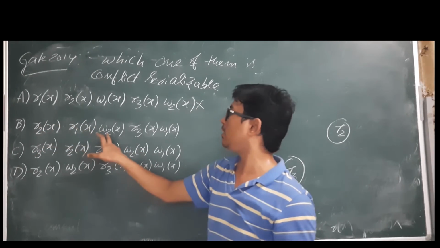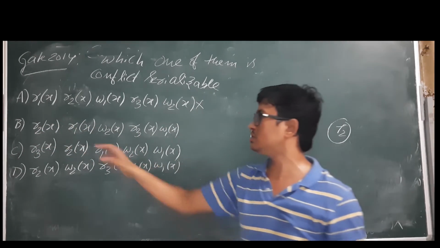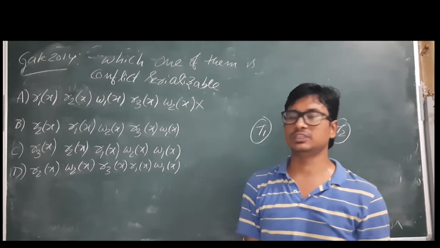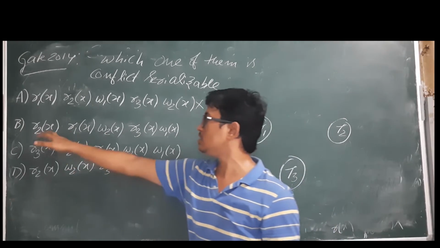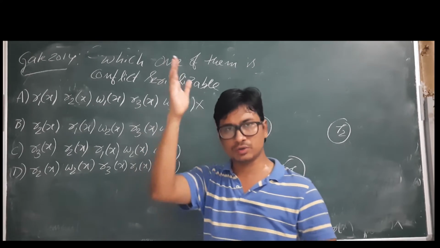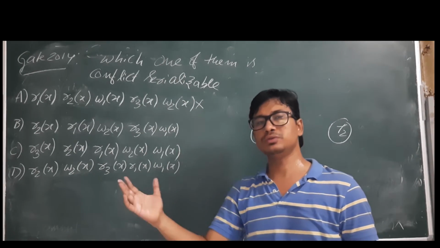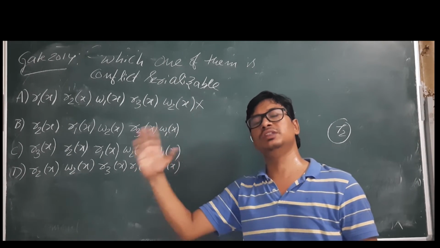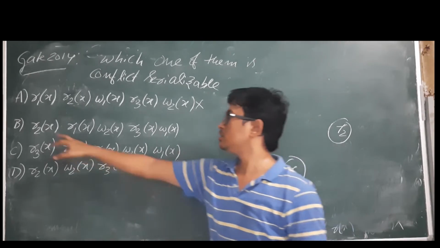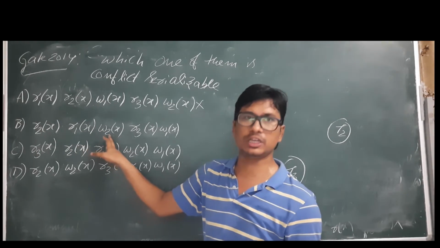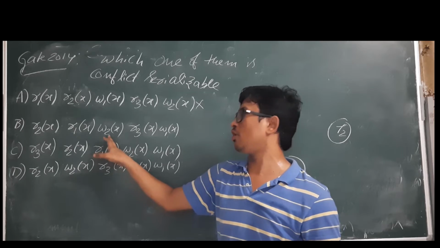Whereas R2 of x and W2 of x, a lot of people will get confused and say that it is a conflict operation. It is not a conflict operation because both these operations belong to the same transaction. We have to see the conflict operations with the other transactions. So both these operations belong to the same transaction, so it is not a conflict operation.